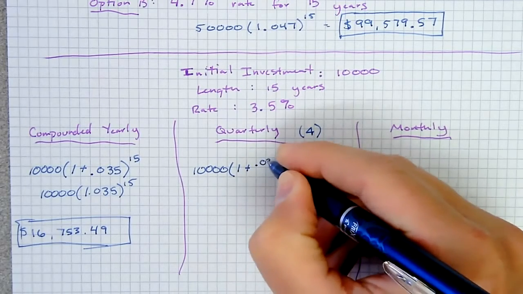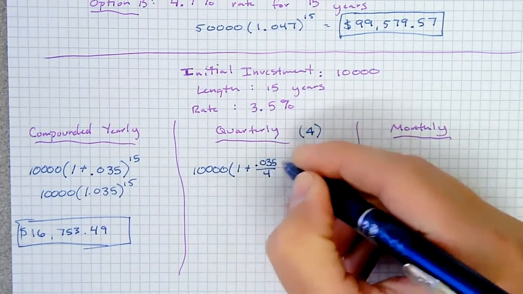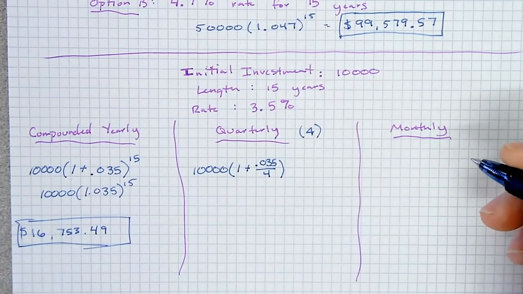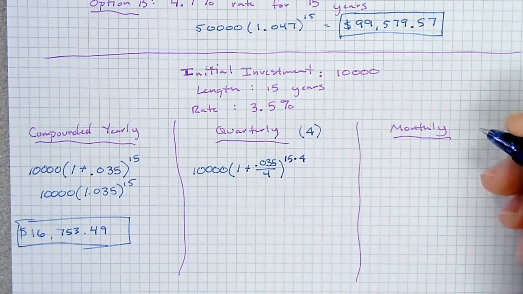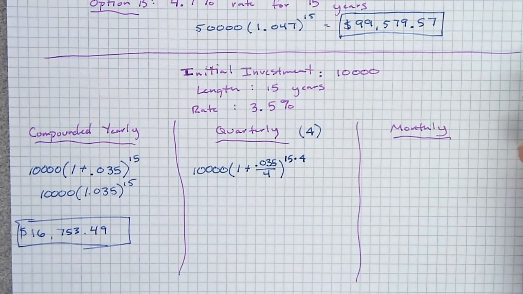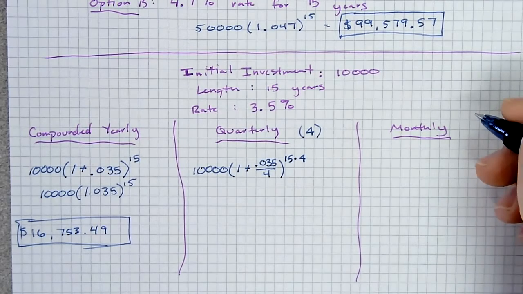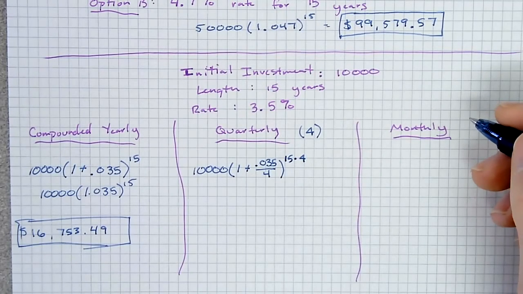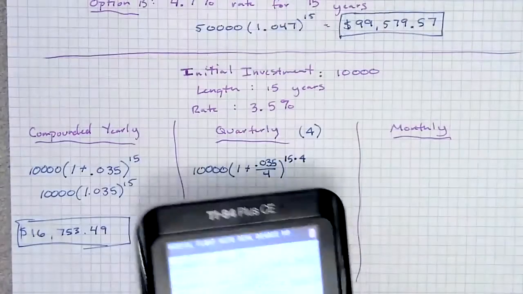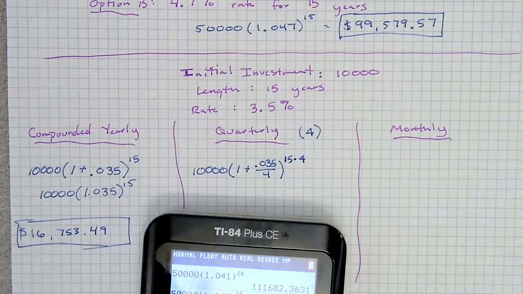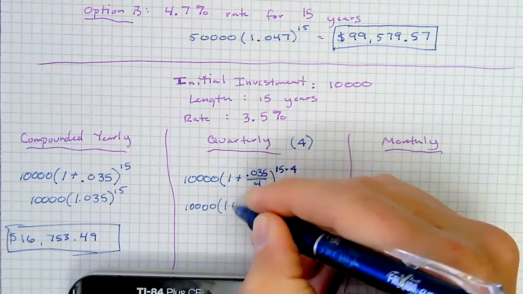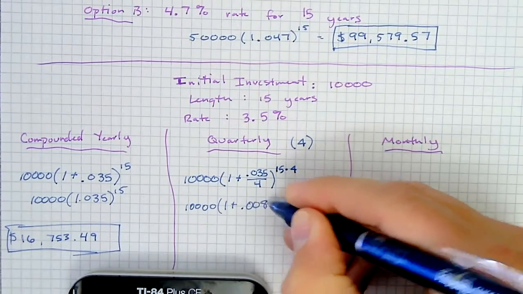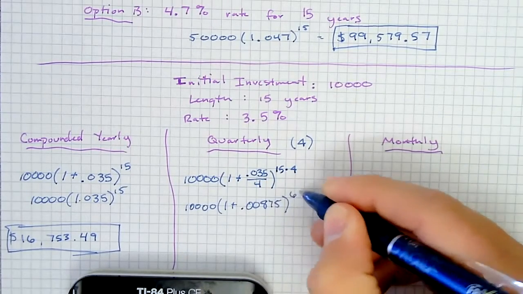Okay, we're splitting up our interest rate over the course of 4 times a year. But we're going to compound 4 times as often. So we have to multiply our length by 4 as well. Okay, so 0.035 divided by 4 gives us a new multiplier. 1 plus 0.00875. 15 times 4 is 60.